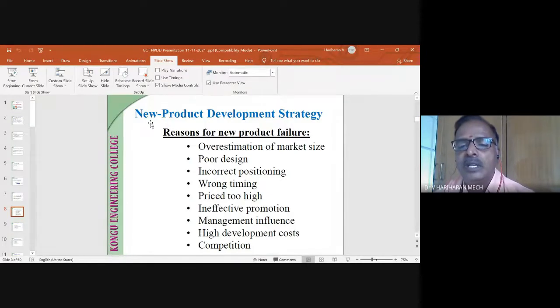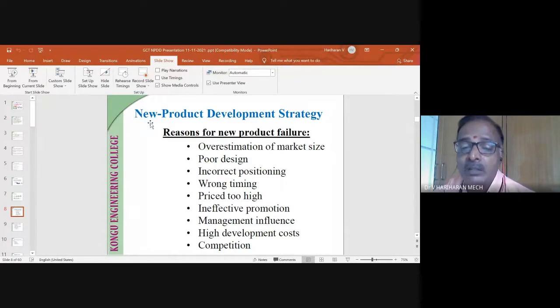The design engineers are good and the manufacturing side is also good, but the management urgently pushes to get a new product. That can also be another reason for failure. Then high development cost is also one of the reasons for your product failure.